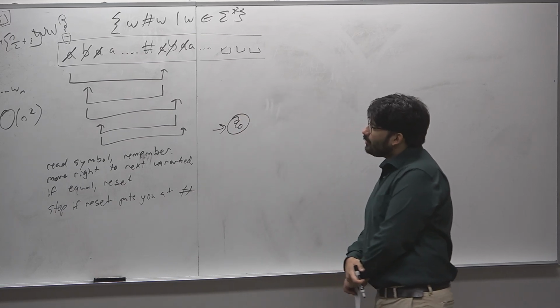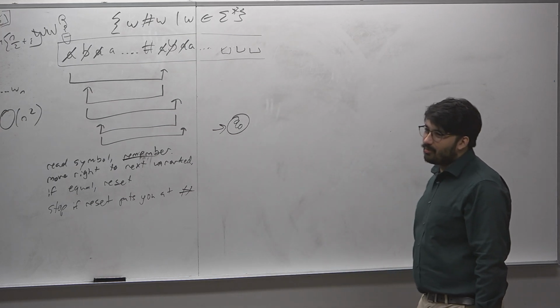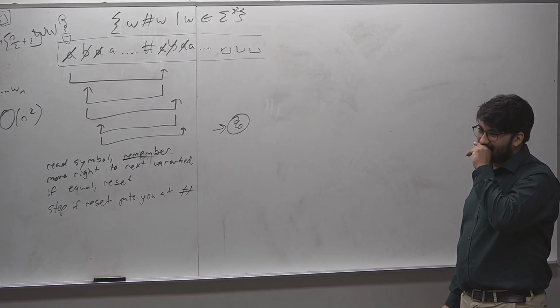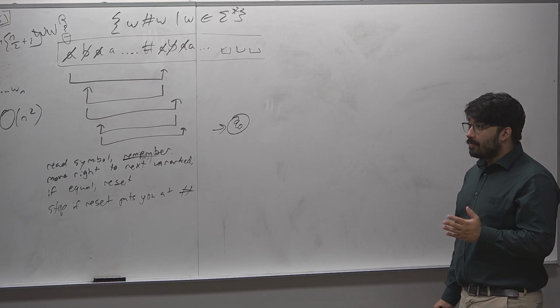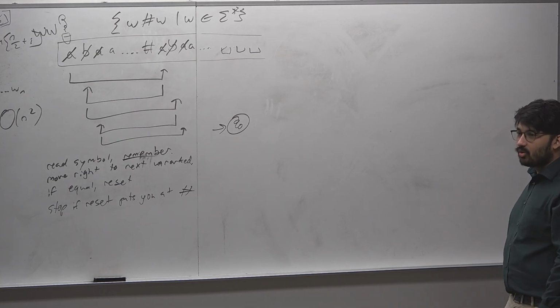Now, how can we remember? How do we remember the symbol read? There's two ways to do it. There's a good way and a bad way. Actually, when you're writing high-level code, there's two ways to do it. The Turing machine only has access to one of those ways.